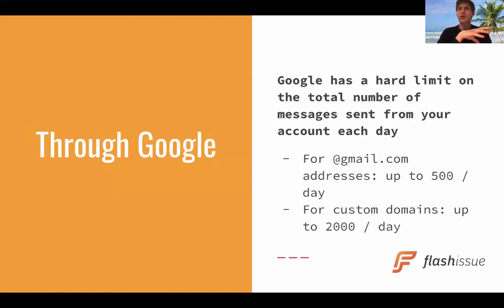So first of all, it's important to understand that Google has a hard limit on the number of messages that can be sent from a Google email account. So for a gmail.com address, a free email account, you can send up to 500 messages per day. This is not Flashissue, this is Gmail, right?